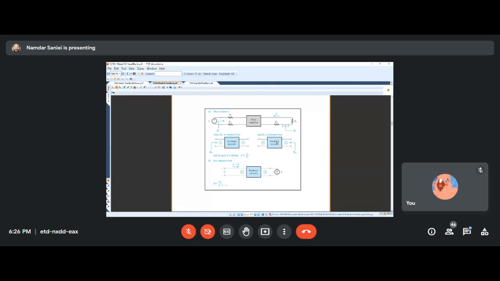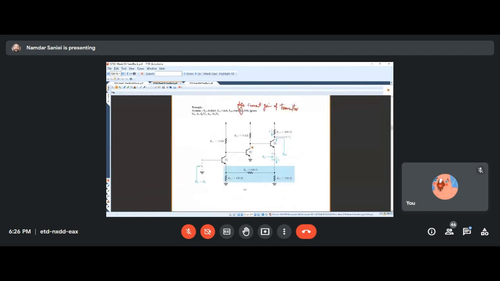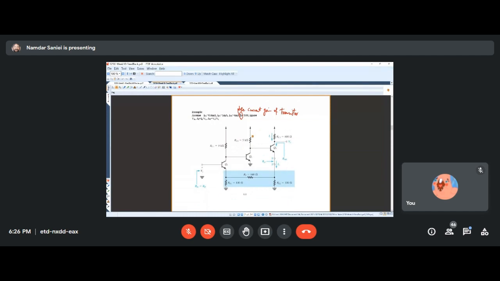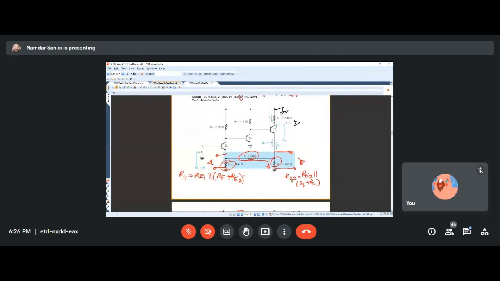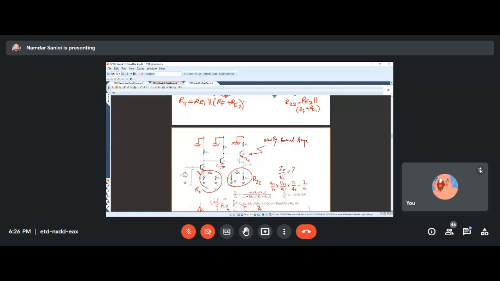The feedback network is Z parameters, and we have to find the beta accordingly, and the amplifier as well. We went to the example that we had, a 3-stage amplifier, found the feedback network, and then we found R11, R22, and brought it into the amplifier, the newly formed amplifier.